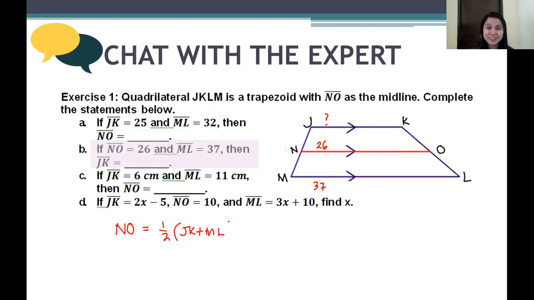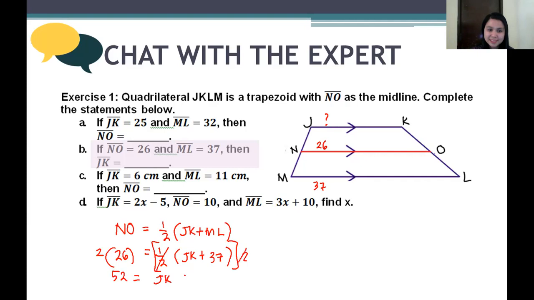There's another answer, 31.5. Let's see. NO measures 26, so 26 equals 1/2 of JK plus 37. Now, to get rid of the 1/2, we multiply all by 2. So that's going to be 52 equals JK plus 37.